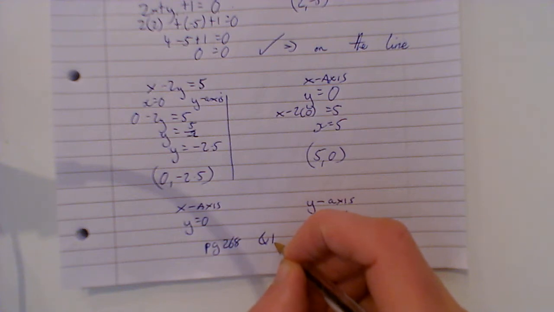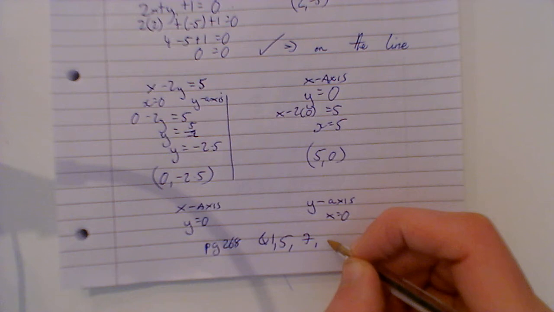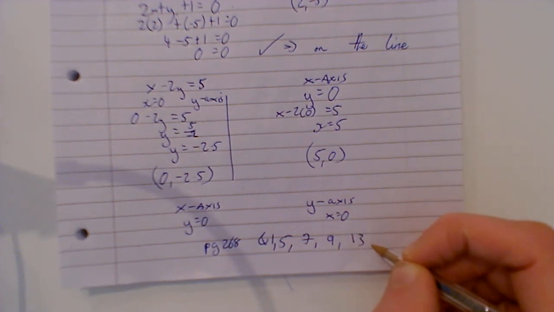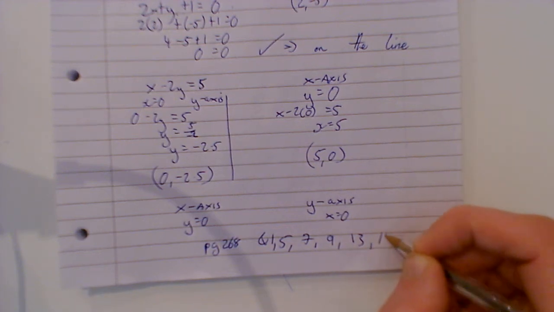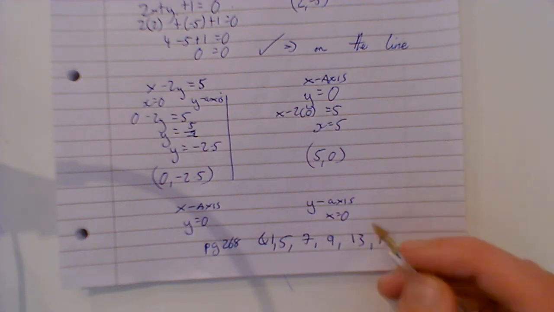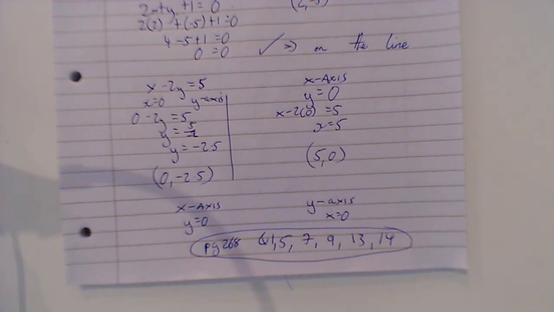You are doing question 5, 7, 9, 13, and 14. Okay, that should be well enough for you. Okay, 40 minutes, do that work. Hopefully no problems. Any questions, put in the chat function and ask me.